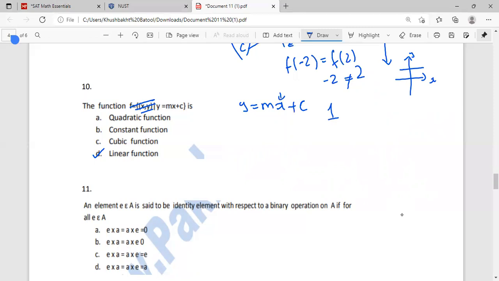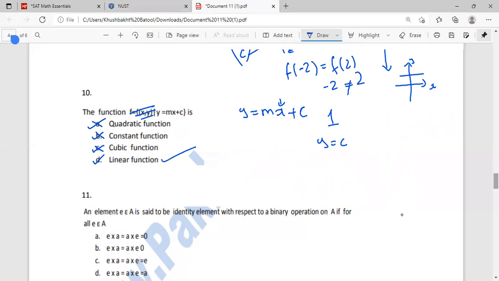If it was 2, it would have been quadratic. If it was 3, our answer would have been cubic. And if we only had y equals c, this would have been the answer. But since the power is neither 2, nor is it a constant number, nor is the power 3, D is the answer. It is a linear function. Okay, D is the answer.